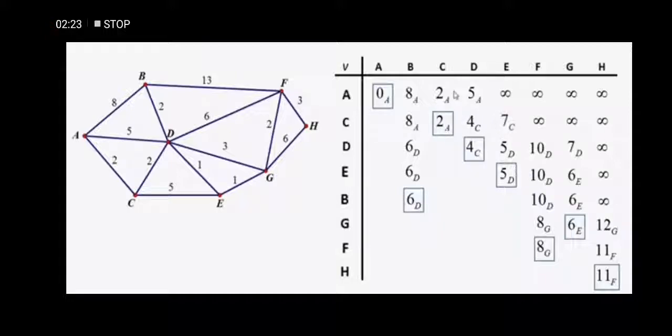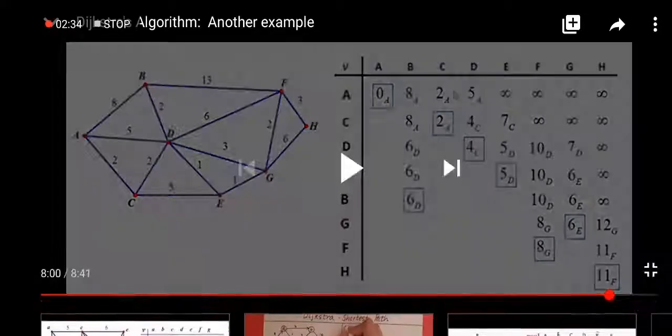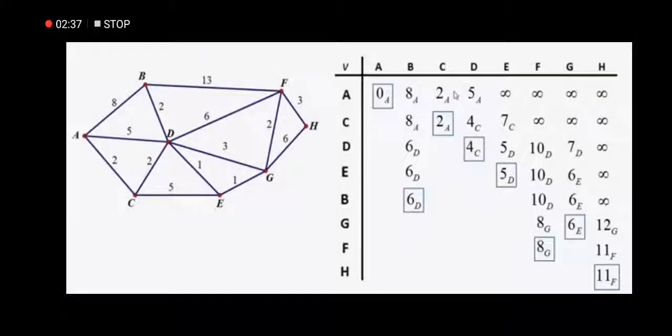From here, the boxed number is the shortest length, which is from A to vertex A. After that, from this option, from A to vertex C, the length of vertex A to C is the smallest.